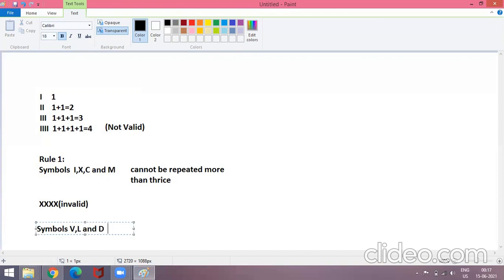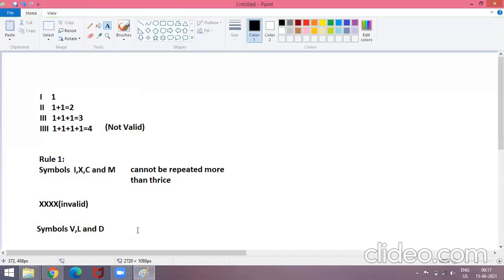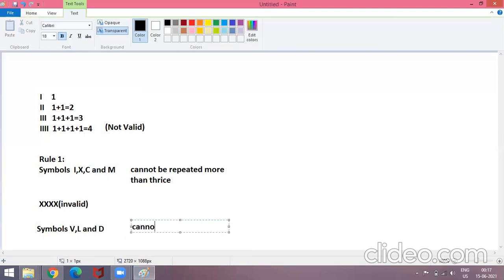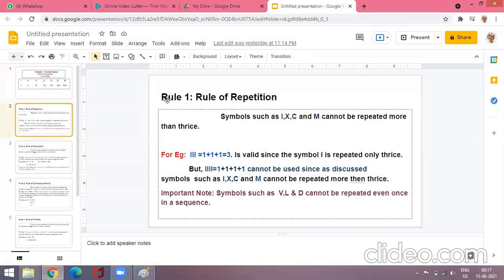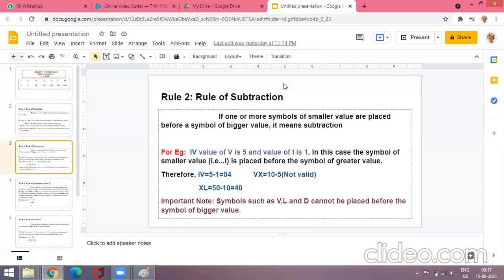When it comes to V, L and D, they cannot be repeated even once, which means even VV is invalid. It holds good for the other 2 symbols too. Yes. So this is rule 1, the rule of repetition. If you want to learn the same in detail, you can refer to our PPT. Yes. Now, next comes the rule of subtraction.